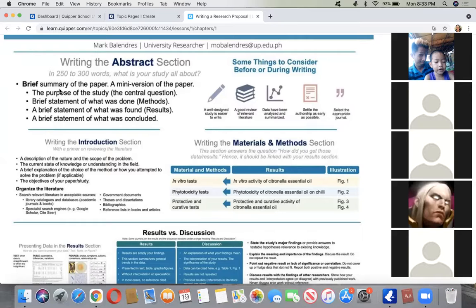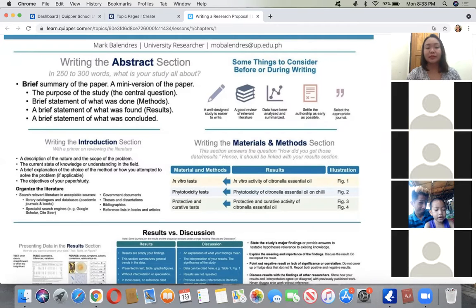In the abstract, you can see everything that should be known: the purpose of the study, the methods, the results, and the conclusion in brief sentences. Last time I showed examples of abstracts in a review paper and in a research study. So there are also some things to consider before or during writing.